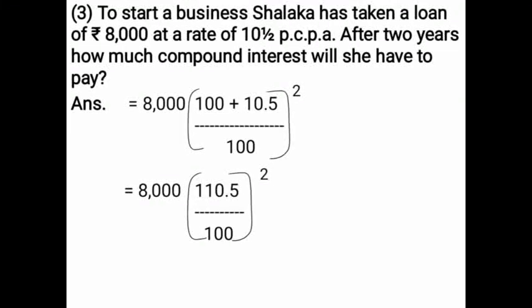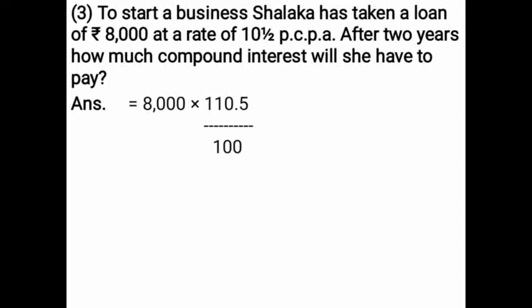Now next step, you have to write multiplication form 2 times of 110.5 upon 100, because index is given 2. That is 8,000 multiplied by 110.5 upon 100 multiplied by 110.5 upon 100. Cancel the zeros on numerator and denominator. How many zeros are there on numerator, that many zeros you have to cancel on denominator.